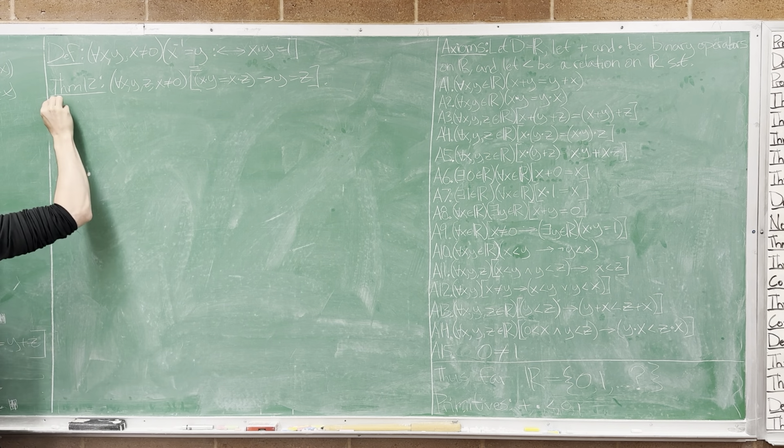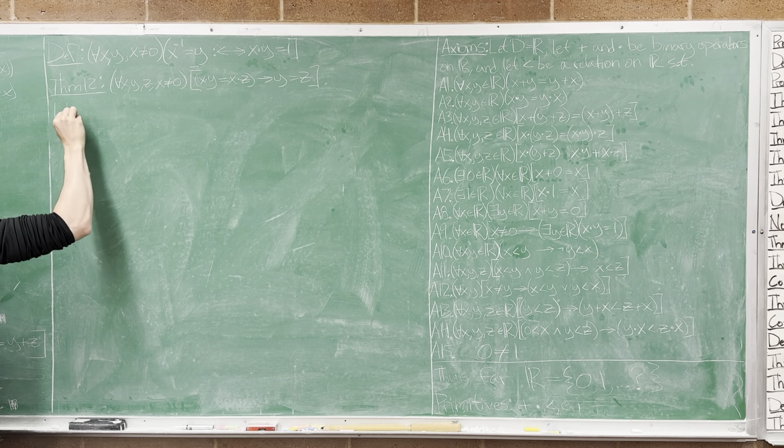Pretty much. That's the opposite of the cancellation that's there, but either way. Let x, y, and z in R such that x is not equal to 0. And we're also assuming that x times y is equal to x times z. Right? Yep.